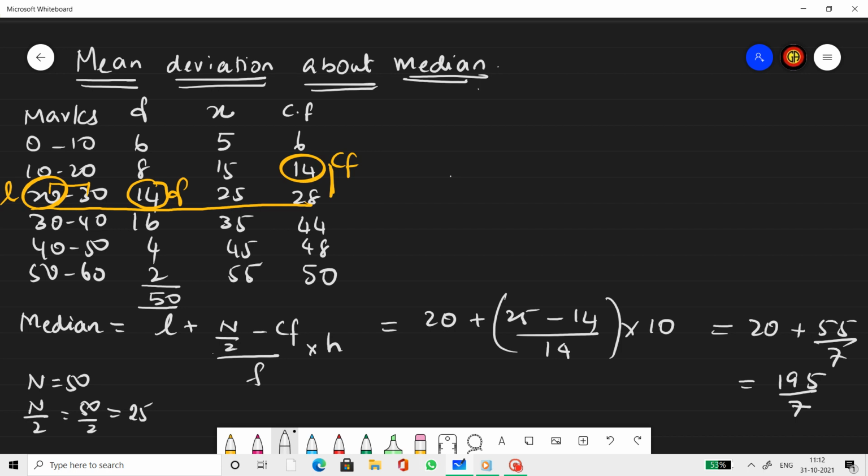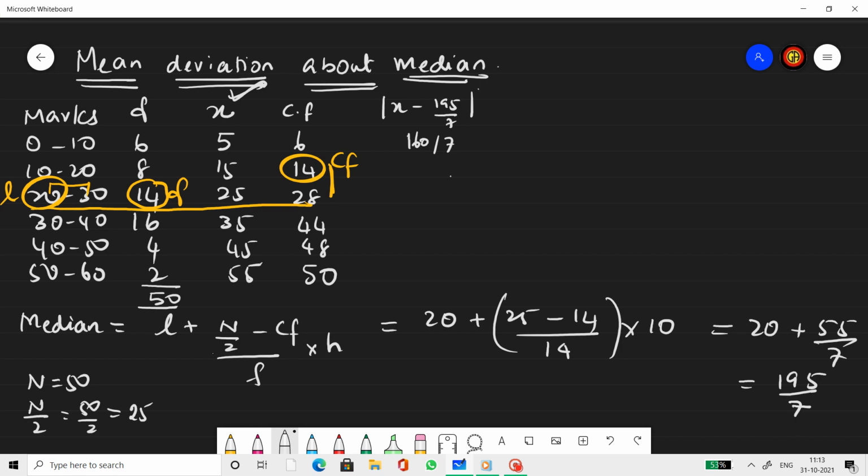We are supposed to find mean deviation about median. So next is the deviation column. So modulus of x minus m, which is 195 by 7. Every x value will be subtracted from the median value. X is here. So 5 minus 195 by 7. So 35 minus 195, which is 160 by 7. Since absolute value is taken, it's 160.